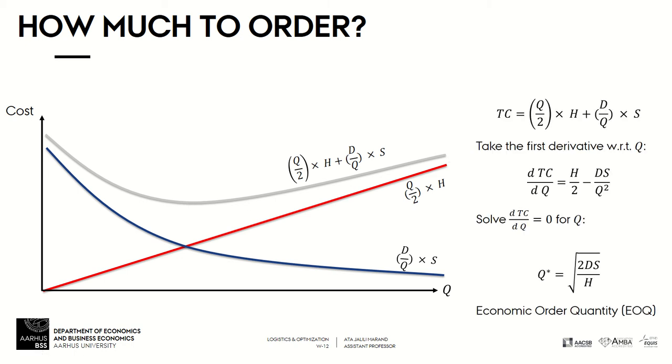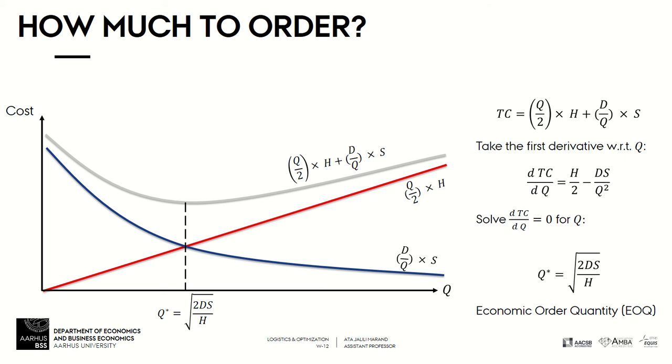In fact, if we take the first derivative of the total cost with respect to Q, put it equal to 0 and solve it for Q, then the optimal order quantity will be equal to the square root of 2 times D times S over H, which is called the economic order quantity or EOQ. This is the optimal order quantity to make each time that we are making an order.